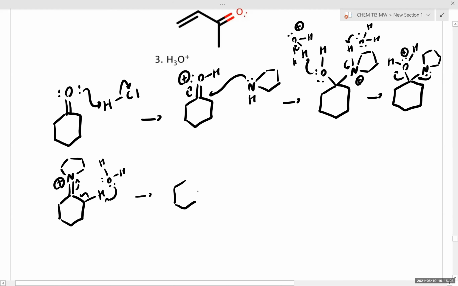So we've deprotonated our alpha position, and we've generated our enamine. From here, our enamine can react with the electrophilic beta carbon of our enone to generate our conjugate addition product.